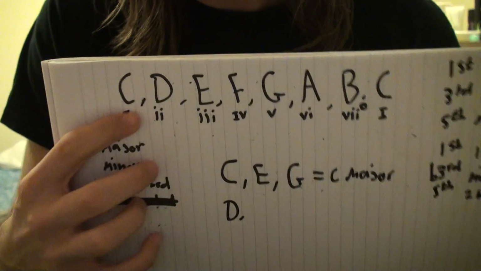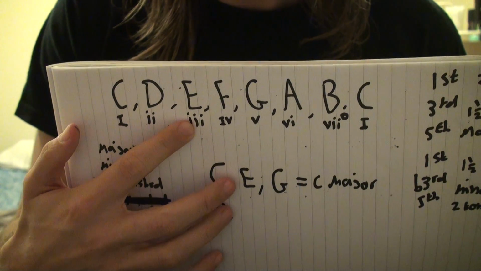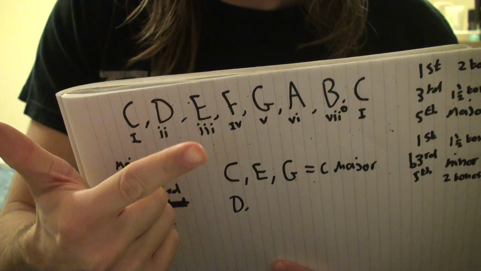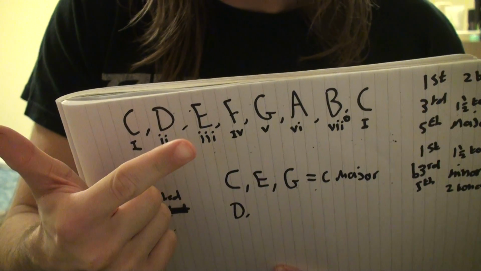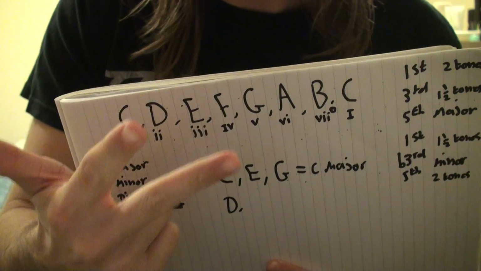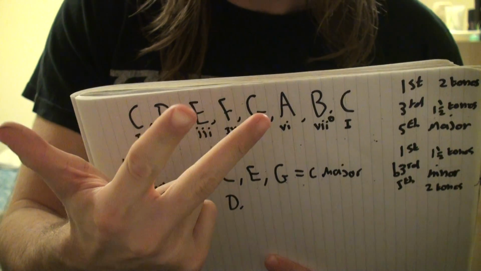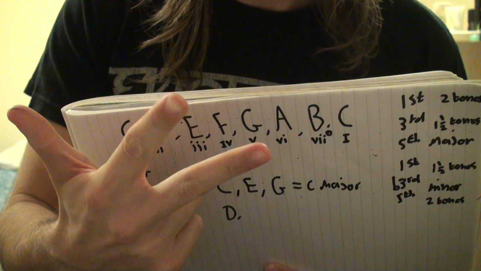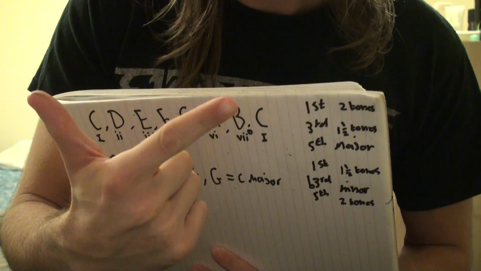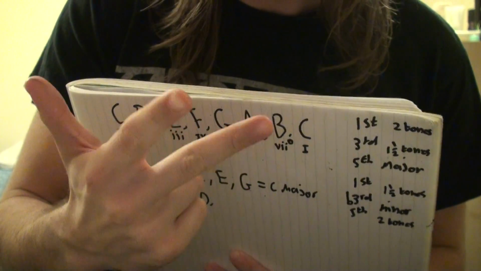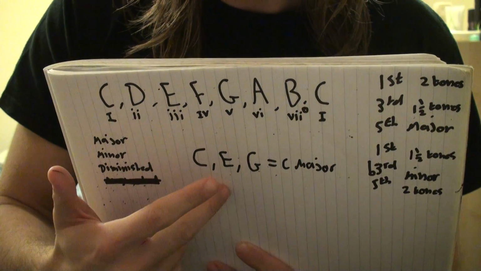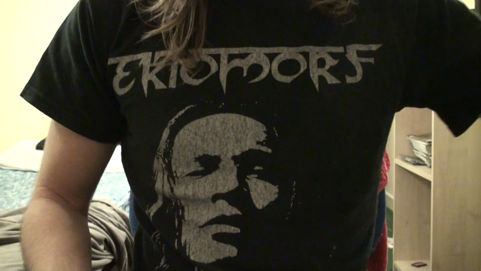So, D to get to E, we have D and D sharp. From E to F, we have 1 note, so that's 3. Not 4, 3. So 1 tone is 2 notes, but we have 3 notes, so we have 1.5. So we know that the next note in D minor is F.